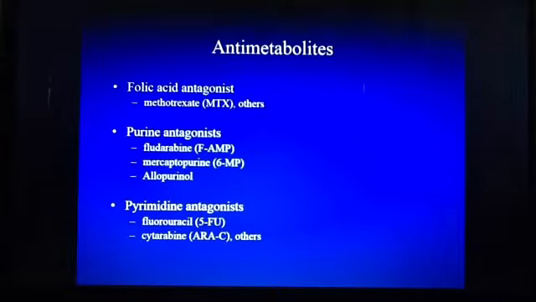So those are the purine antagonists. Then the pyrimidine antagonists are fluorouracil, which is 5-FU, and cytarabine, which is ARAC. So remember these 3 sections of the antimetabolites: folic acid antagonists, methotrexates, then the purine antagonists, and the pyrimidine antagonists.